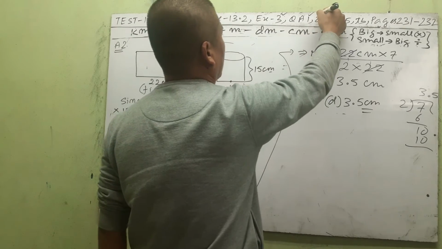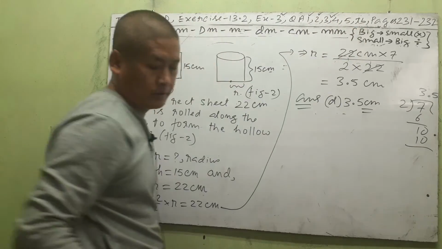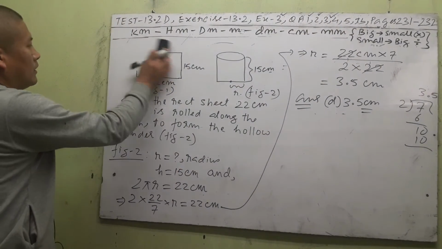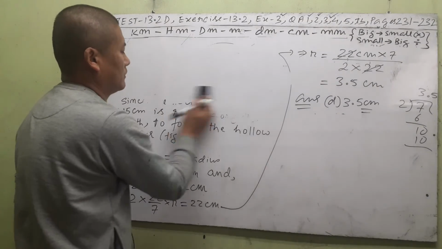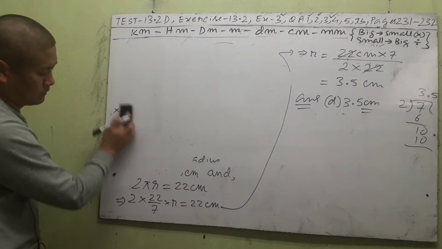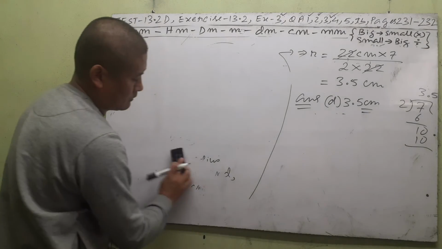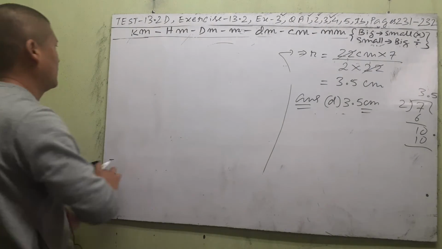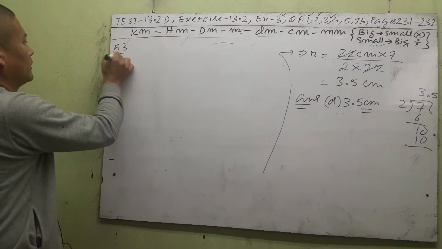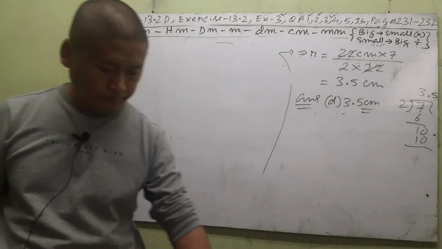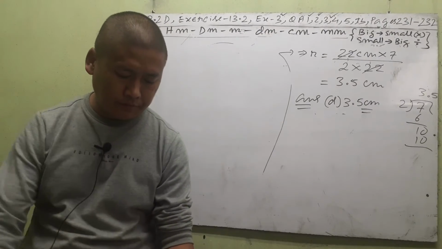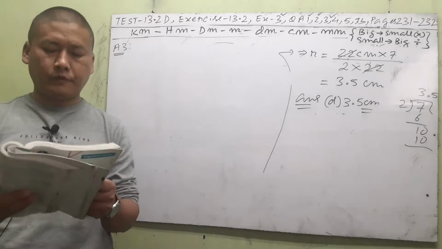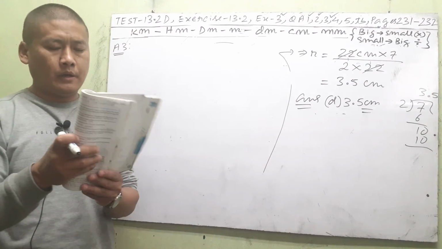A2 is also done. Now go to A3. Then A3 here is the total surface area of a cylinder of base diameter R and height 2R.